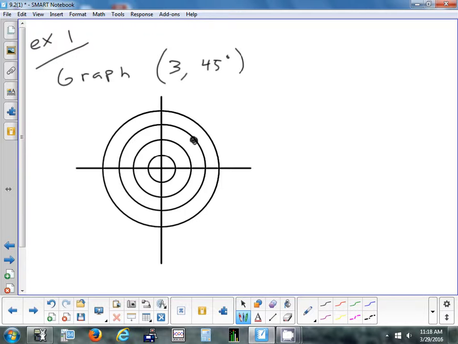We haven't gotten into it too much, but what shape do you think is probably very easy to draw in polar? Triangles? Circles. Yeah, circles are very easy to draw in polar. Lines are very, very difficult.